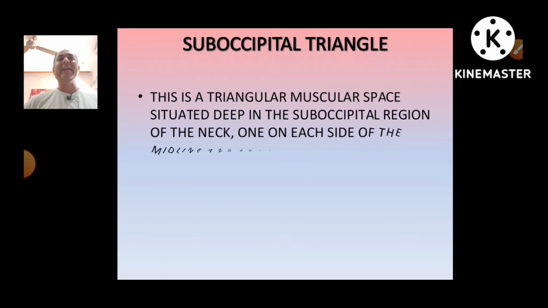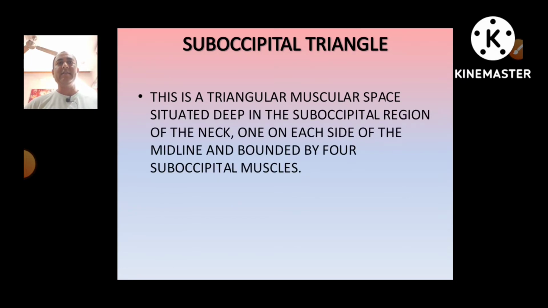This is a triangular muscular space situated deep in the suboccipital region of the neck, one on each side of the midline, and it is bounded by 4 suboccipital muscles.